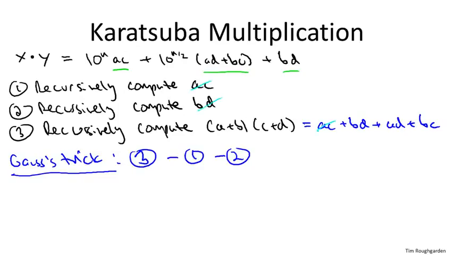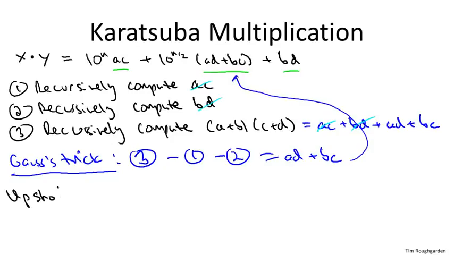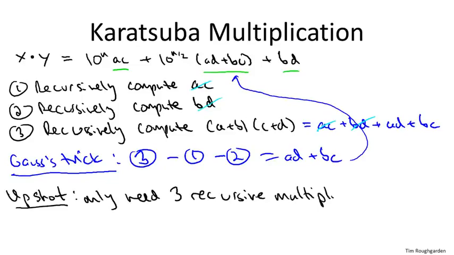Well, the AC is going to cancel the AC, the BD is going to cancel the BD, and we will be left with AD plus BC, which is exactly that middle coefficient that we cared about. So we can indeed compute the sum of AD and BC without separately computing each of them, and that's exactly what we wanted. So this gives us a second recursive algorithm for multiplying two integers that makes use of fewer recursive calls, only three recursive calls rather than four. And as before, there's a little bit of work to do beyond the recursive calls, but not much. You just have to do some padding by zeros and adding up the results.